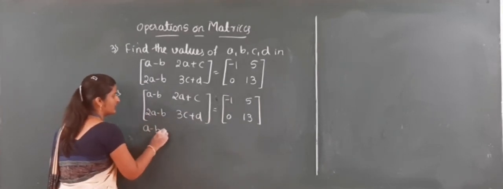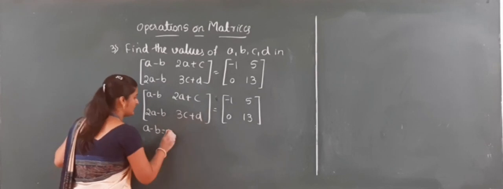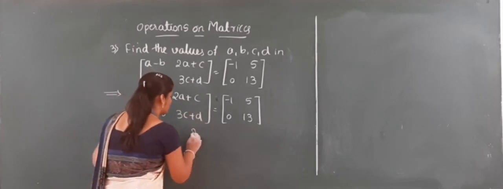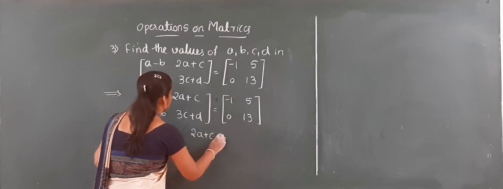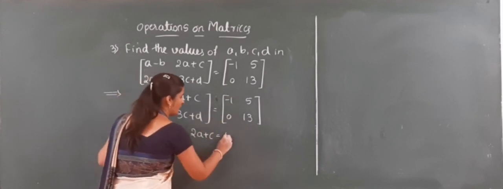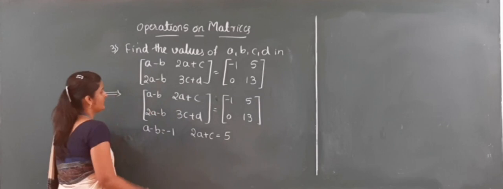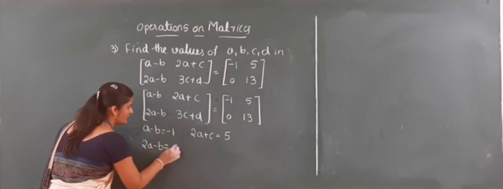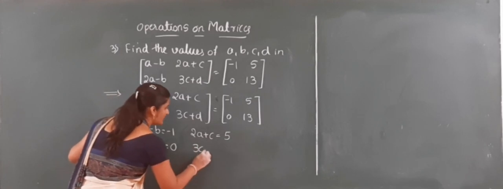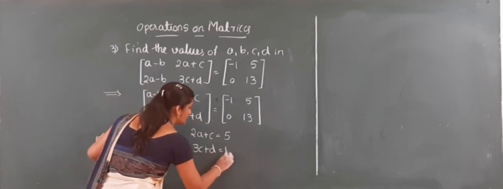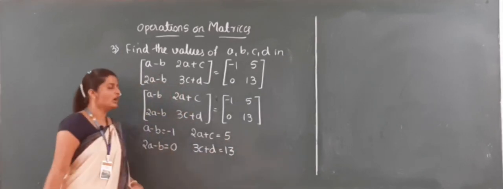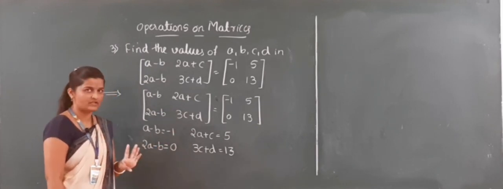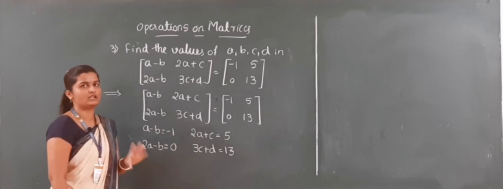A minus B is equal to the corresponding element, minus 1. Next, 2A plus C is equal to 5. Similarly, next 2A minus B equal to 0, 3C plus D is equal to 13. So how to solve these? There are a total of 4 equations, so using 4 equations we can solve.